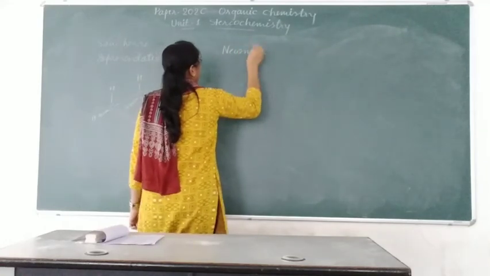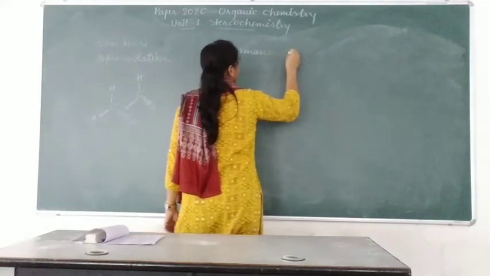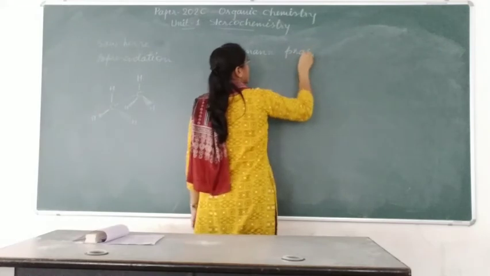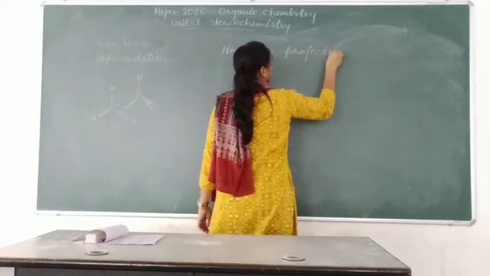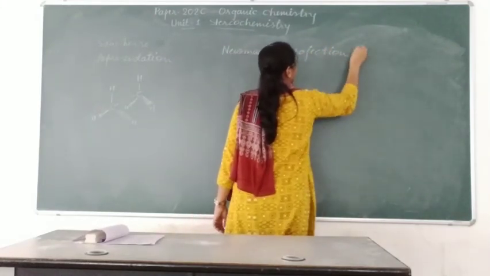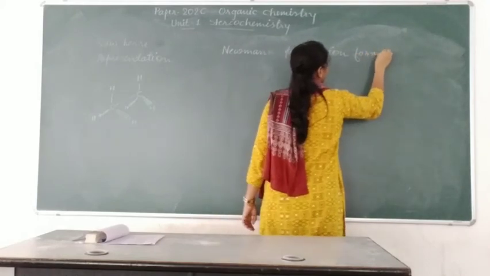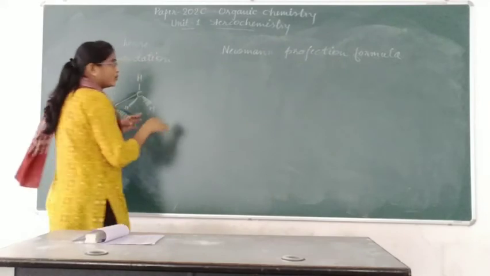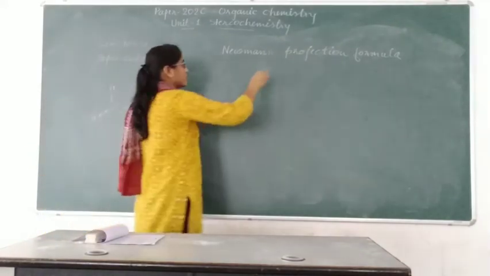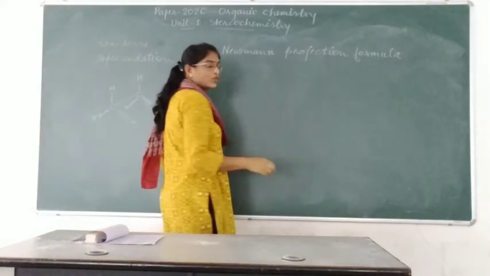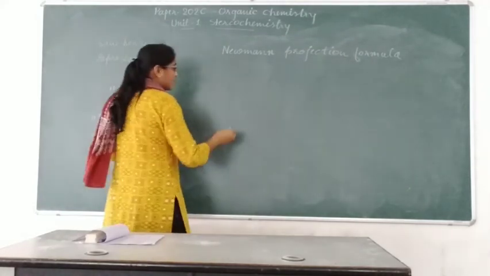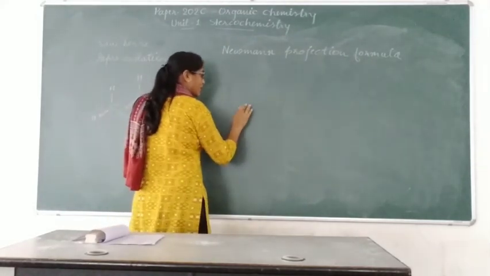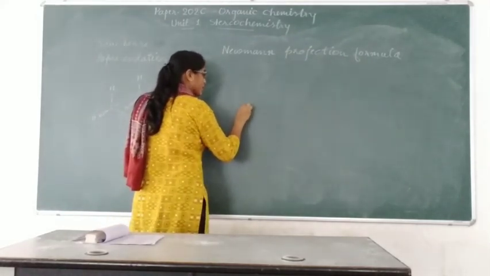Newman projection formula. The same structure we can draw in Newman projection formula. In this, the front carbon we can draw it by a dot.